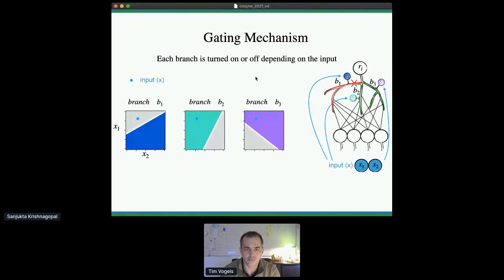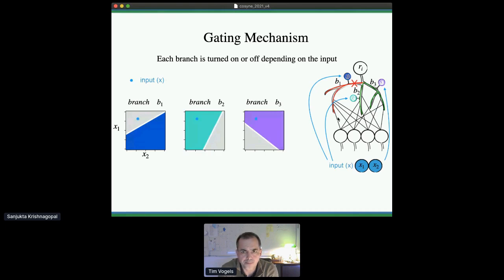Let's extend this to B1, B2, B3, and let's consider this example input here, this blue dot, where X1 and X2 fall here. This branch B1 is closed, B2 is open, B3 is open. And again, what that means is that weights are learning through these branches for this specific input, whereas there's no learning along branch B1.